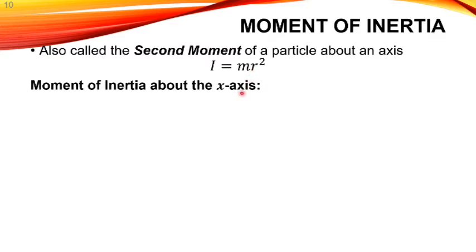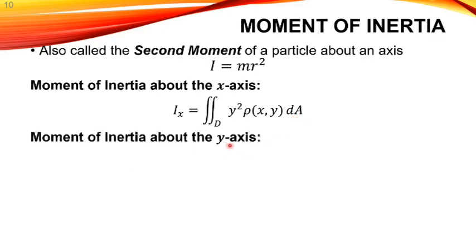So the moment of inertia about the x-axis, I sub x, is equal to the double integral of y squared, since our direct distance is r squared. So our direct distance about the x-axis is y. So we have y squared times the mass, which is the density function times the area, dA.